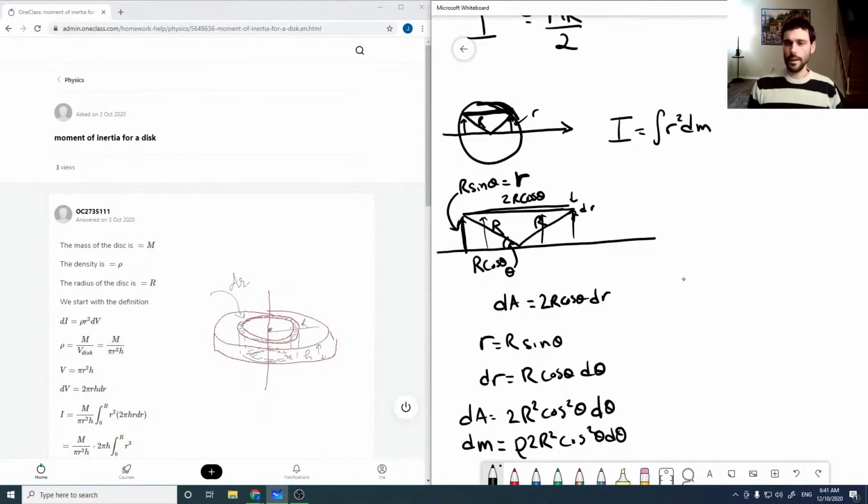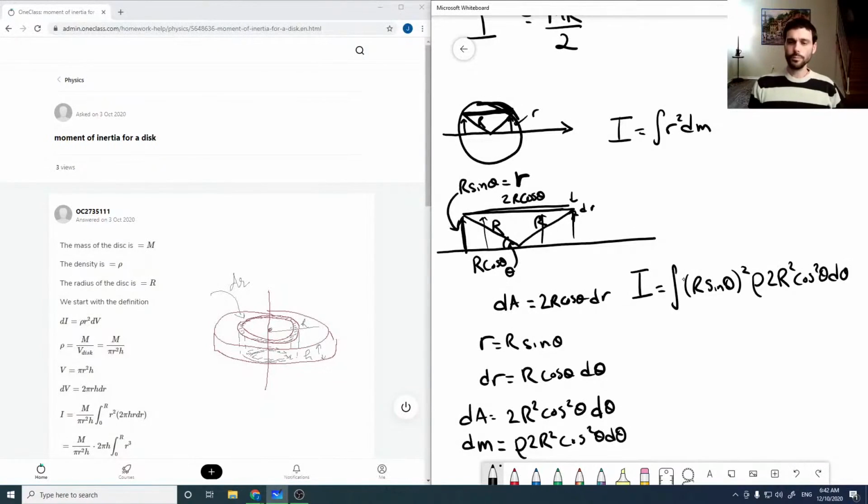Now plugging in these values for our moment of inertia expression, we have the integral of r sine theta squared, and then our dm, which is now rho 2r squared cos squared theta d theta. And now our integration limits.